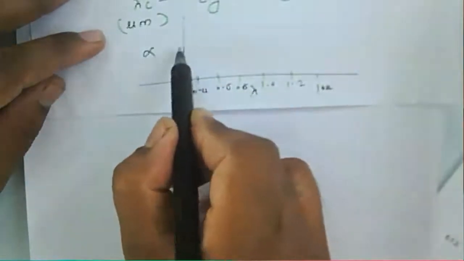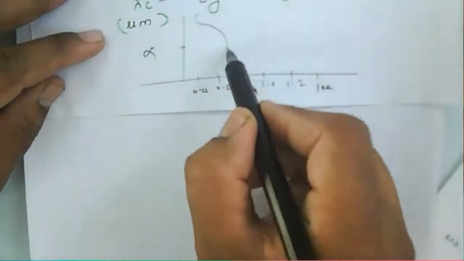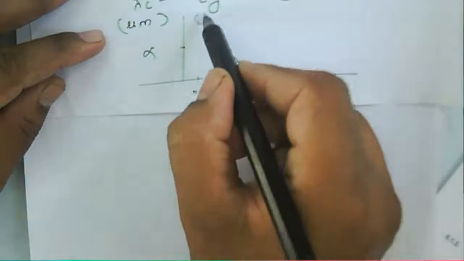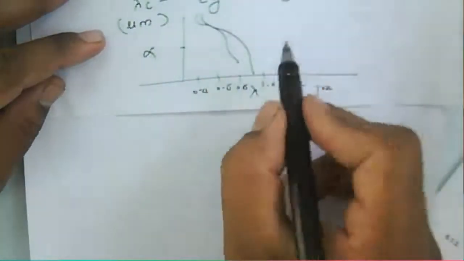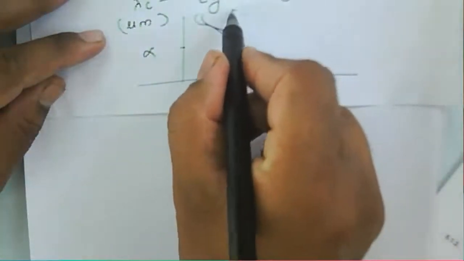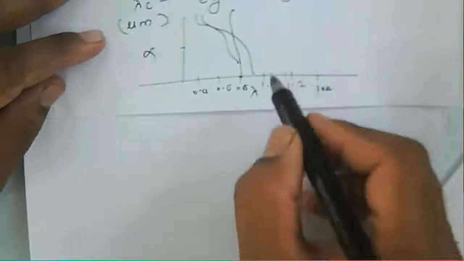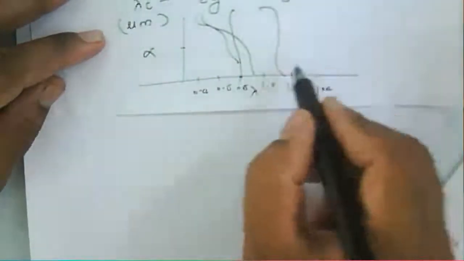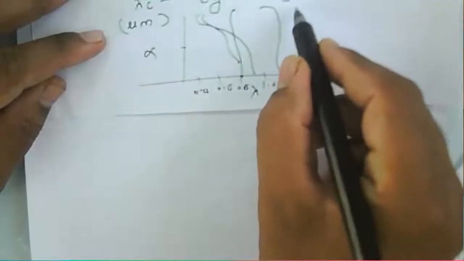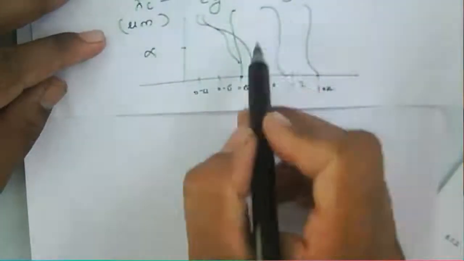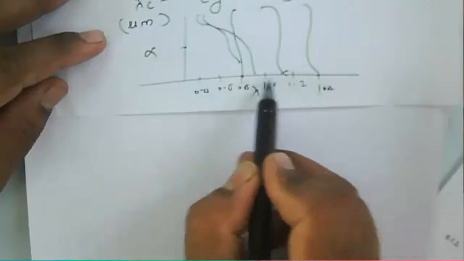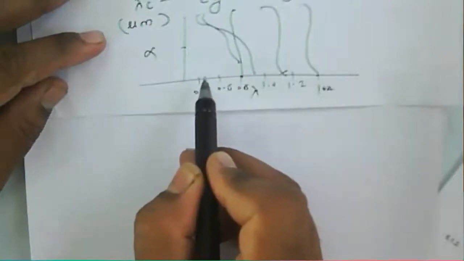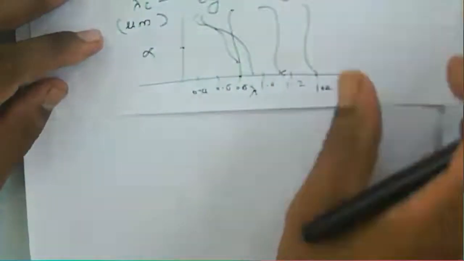So if we are using silicon, in that case the absorption coefficient will be like this. If you consider germanium, the absorption coefficient will be likewise. Different materials have different absorption coefficients, and that wavelength is depending upon the material itself.